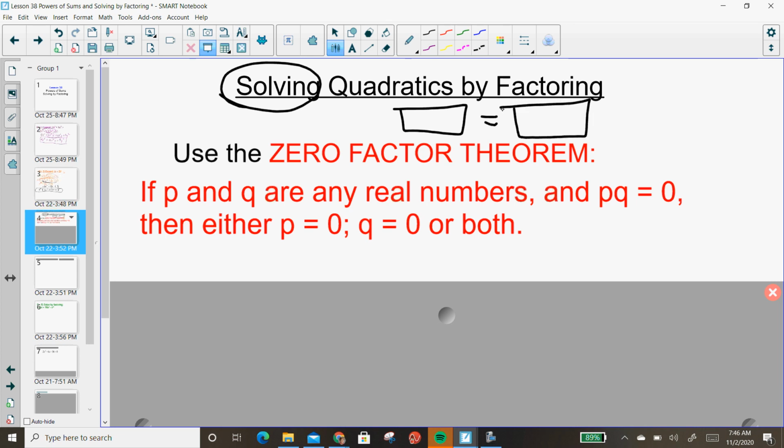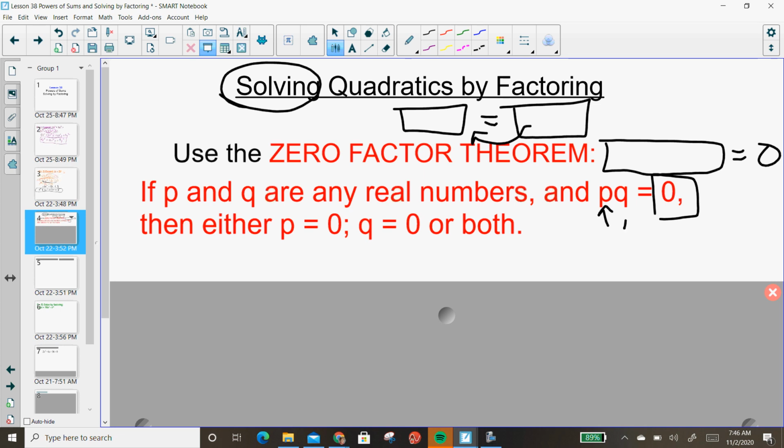We've got to have two things with an equal sign between them, or it's impossible to solve it. We could simplify, we could expand, we could factor, but we can't solve unless we have both sides of the equation. Zero factor theorem says move things around as you need to so that you get something equals zero. Zero factor theorem only works if one side is zero.